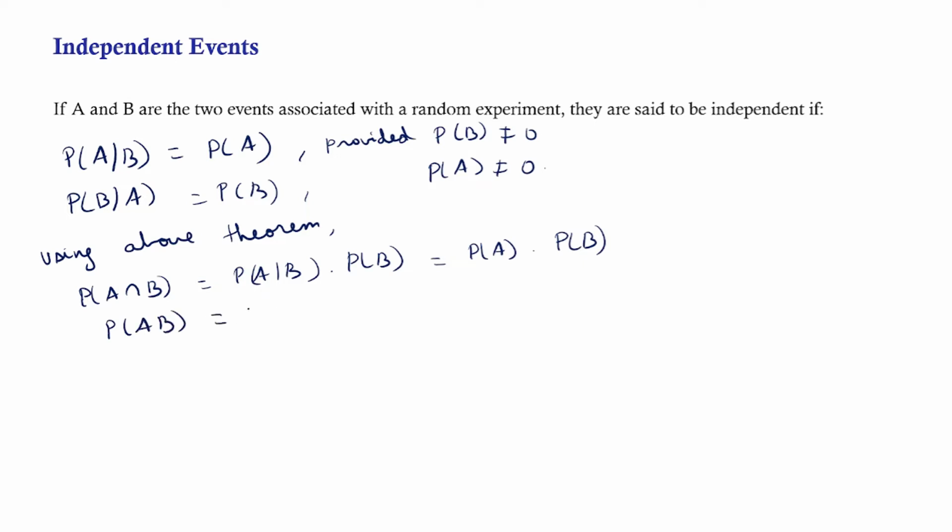If A and B are independent, then probability of AB is probability of A into probability of B. Again this can be extended: probability of A intersection B intersection C, if A, B and C are independent events, is equal to probability of A into probability of B into probability of C.